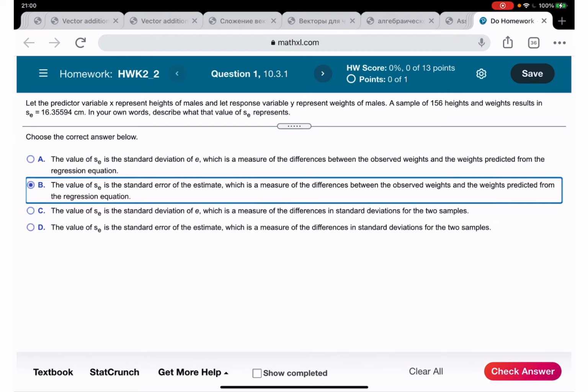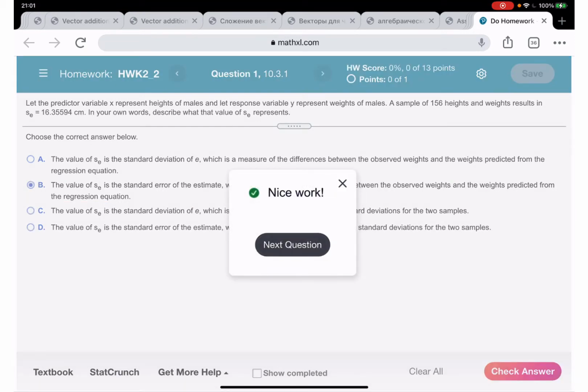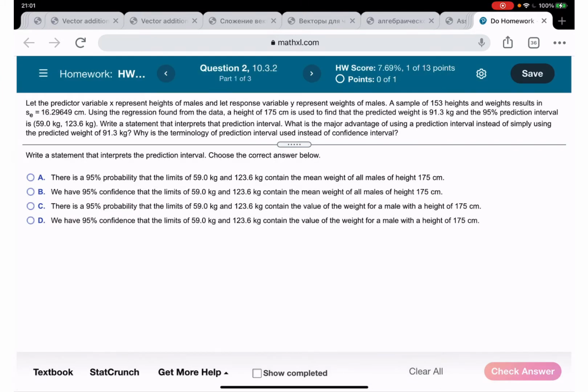Yeah, it's a standard error of estimate, which is a measure of the difference between observed weight and weight of a predicted value from the regression equation. Yes. All right. Next question.